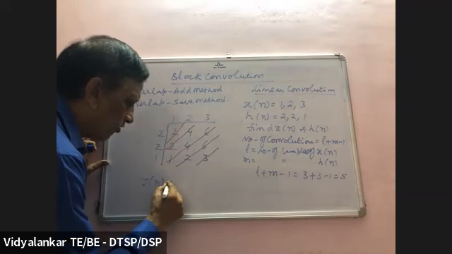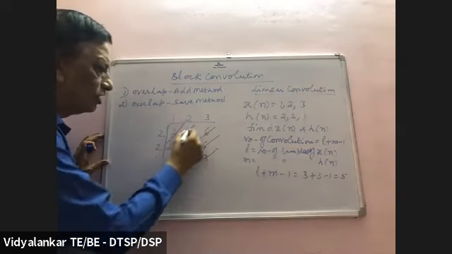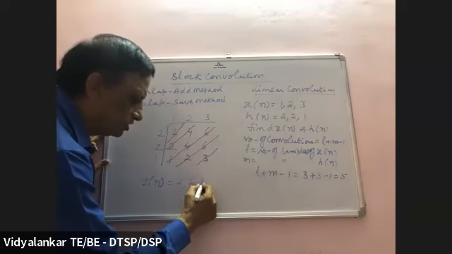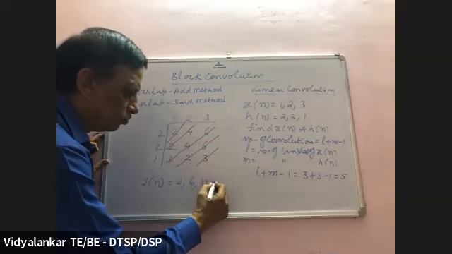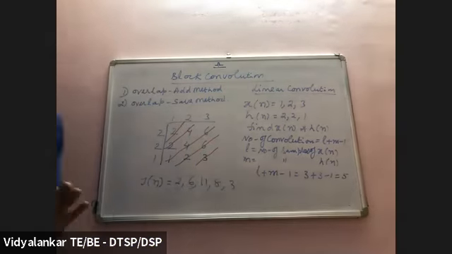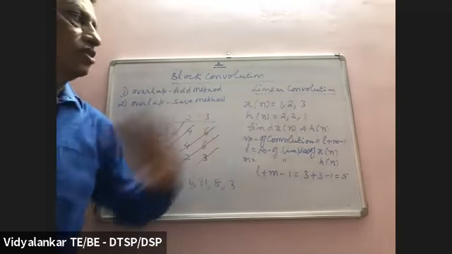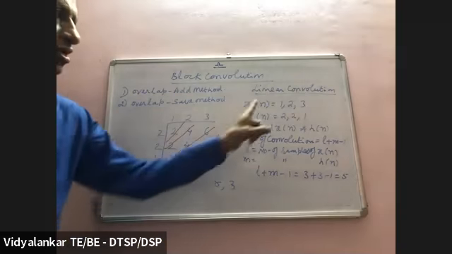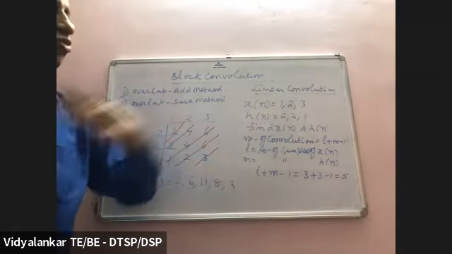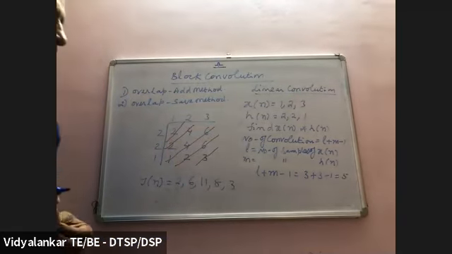So the 5 outputs are y0 equal to 2, y1 equal to 2 plus 4, which is 6, y2 equal to 4 plus 1 plus 4 plus 6, which is 11, y3 equal to 2 plus 6, which is 8, and y4 equal to 3. We call it a linear convolution when the signals are non-periodic, meaning they have only finite values, not repeating up to infinity.